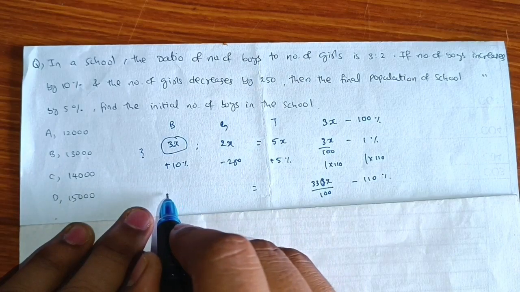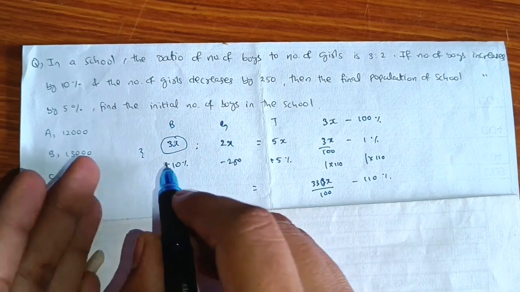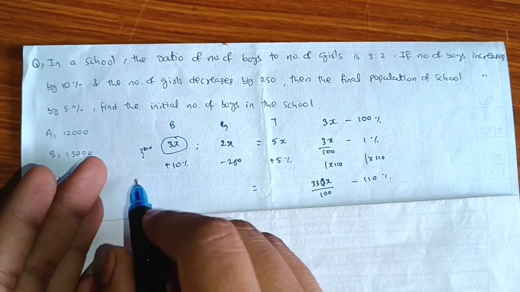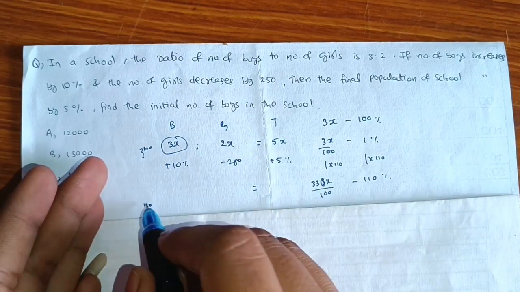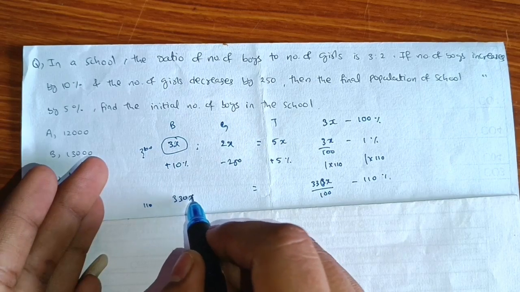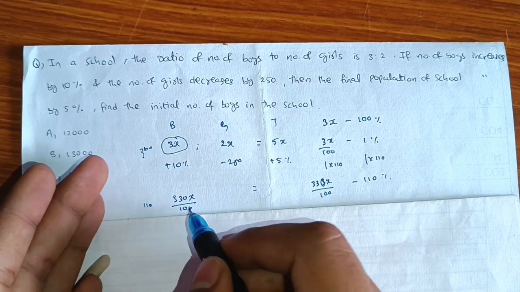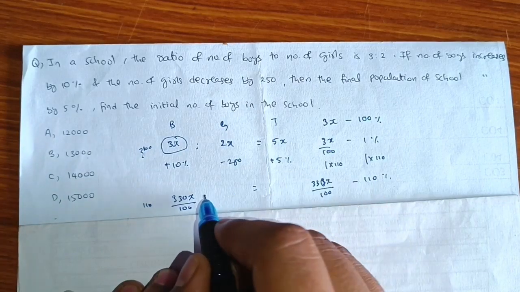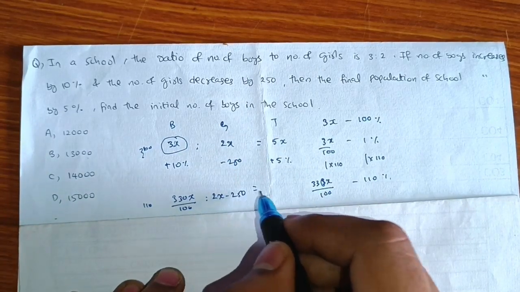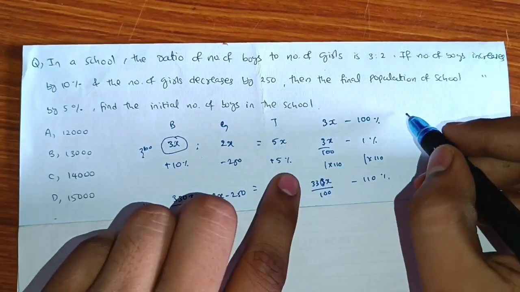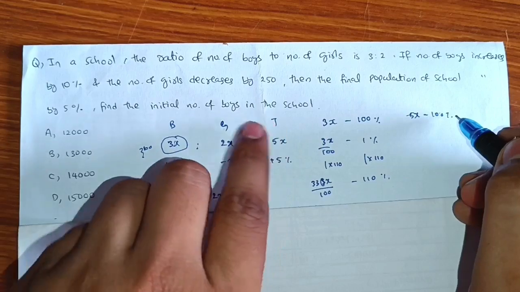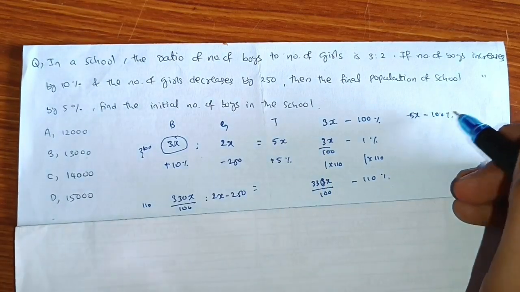Initially it is 100%, now it is becoming 110%. So I calculate like this. For 110% it is 330x by 100, and the girls are 2x minus 250. The 5x is now 100% here.